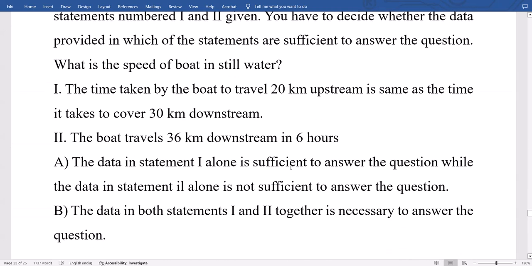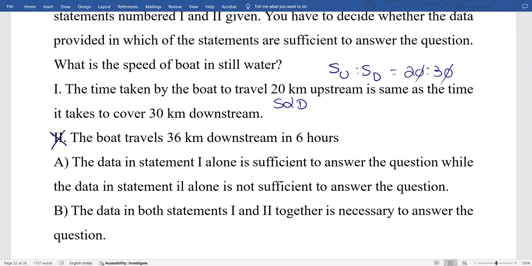Now, what is the speed of boat in still waters? Speed of boat. Okay, for that, first one, two alone not possible because you only know downstream. Two alone not possible. One alone: the time taken by the boat to travel 240 km upstream is same as time taken by the boat to complete 30 km downstream. So here we can see speed of upstream and speed of downstream. Here timing is same, speed is directly proportional to distance. 20 and 30, 2 is to 3, okay.